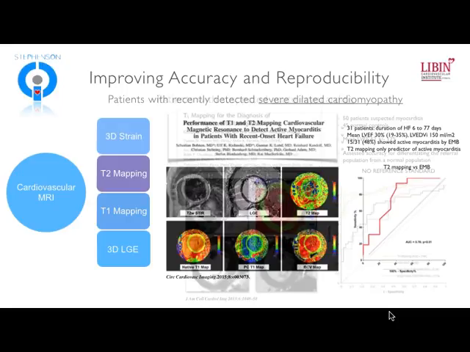This prevalence is much higher than previously reported. Previously it was estimated that maybe about 15% of new onset dilated cardiomyopathy would have evidence of myocarditis by biopsy. So this is a little bit unusual.